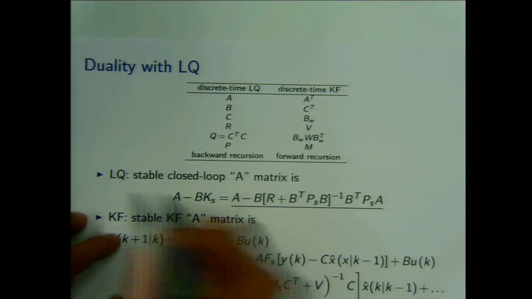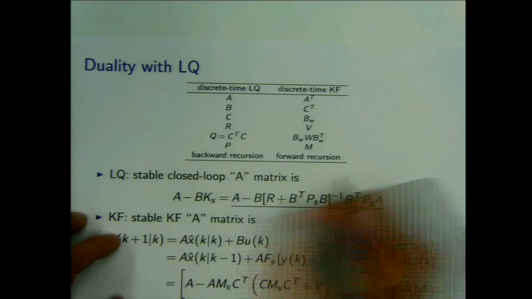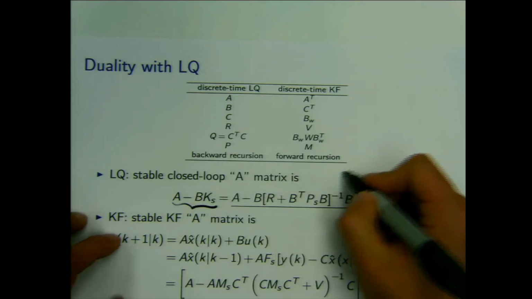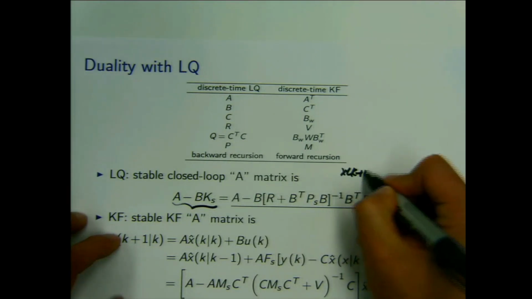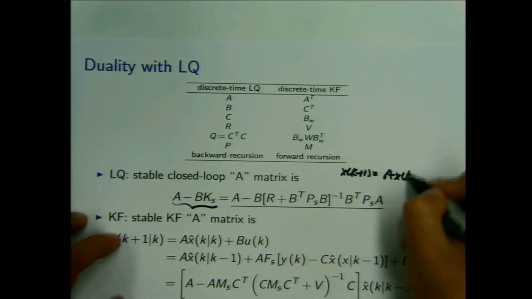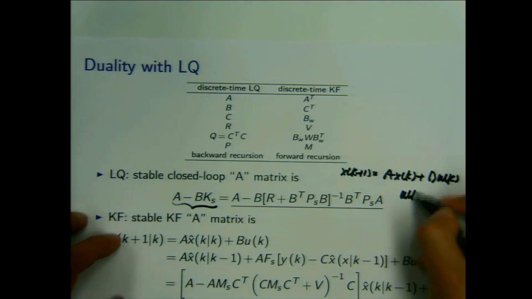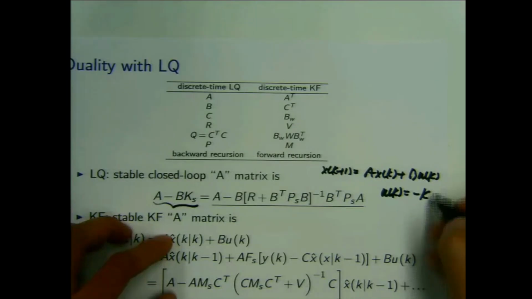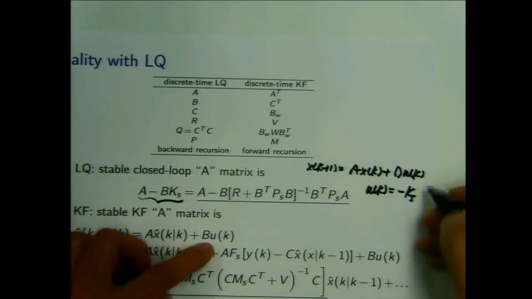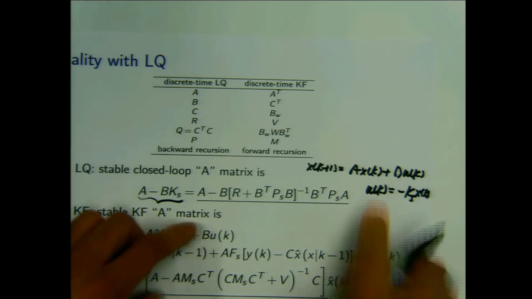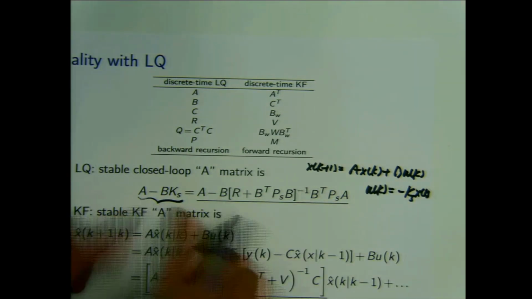So in the LQ problem, we have x_{k+1} equals A x_k plus B u_k, and u_k is the state feedback control law. So in the LQ problem, it looks like A minus BK.